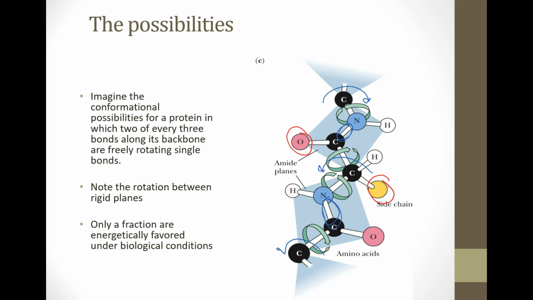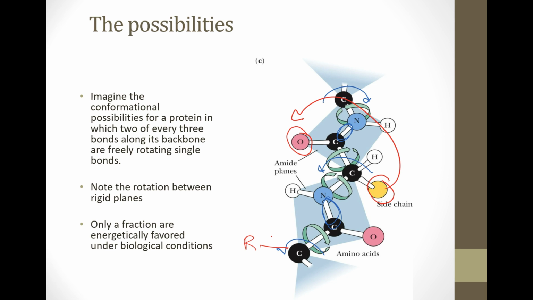Now, if we rotate these side chains into too close proximity to the oxygens or into other side chains, which would be over here, you can get all kinds of steric interactions which either reduce the energetic preference or actually fully inhibit the ability for that conformation to take place.